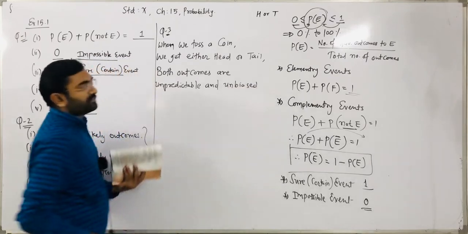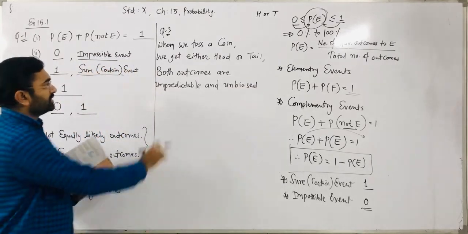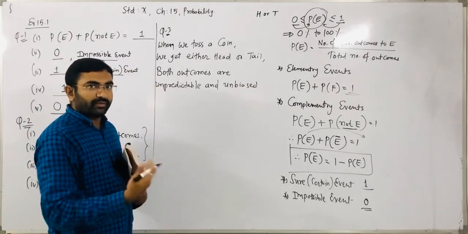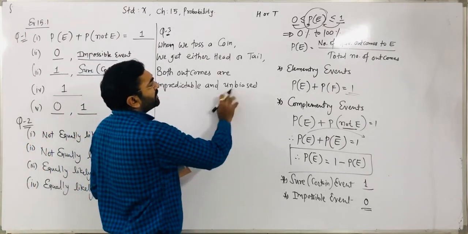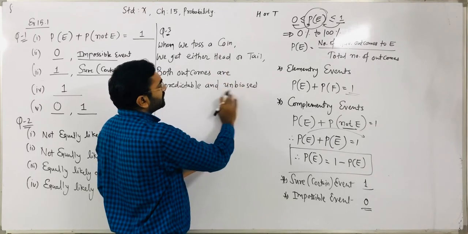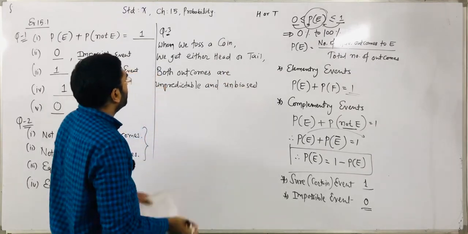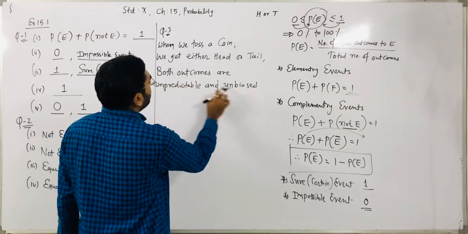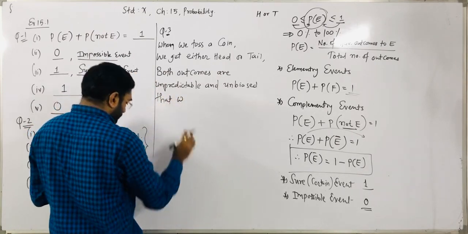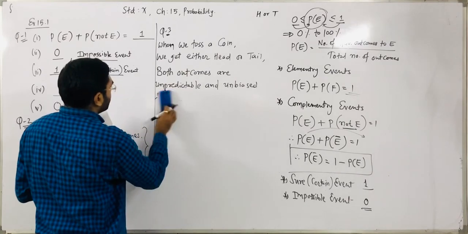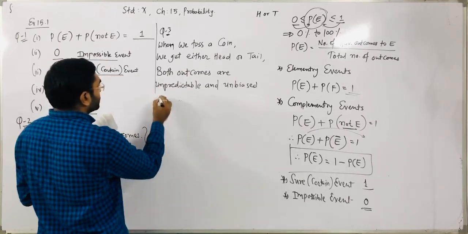No one can say we always get head, right? So it is not predictable, right? You may get the tail or you may get the head, you cannot say every time you get the head only, because it is unbiased, right? So both outcomes are unpredictable and unbiased. That's why, and due to that, or you can say hence, we define.